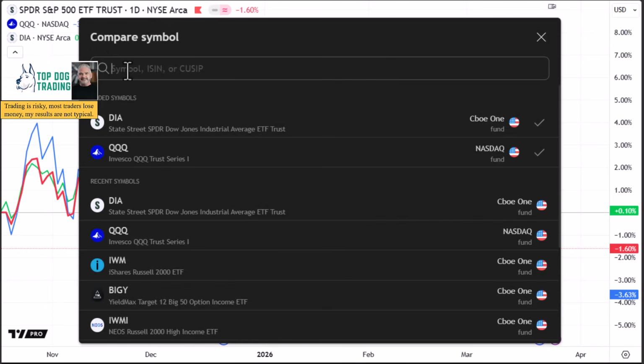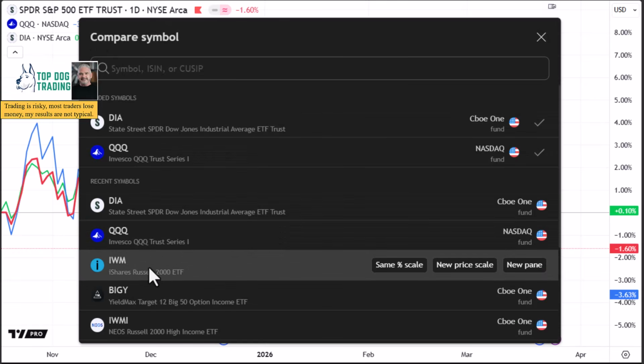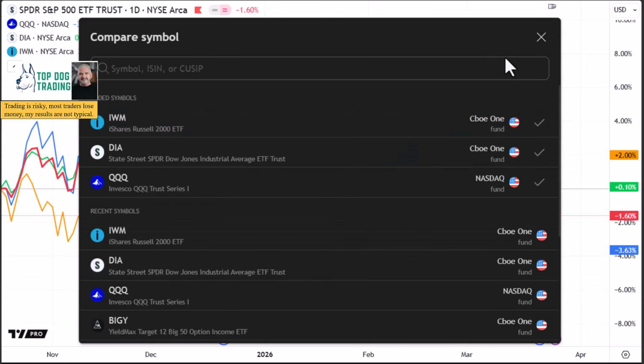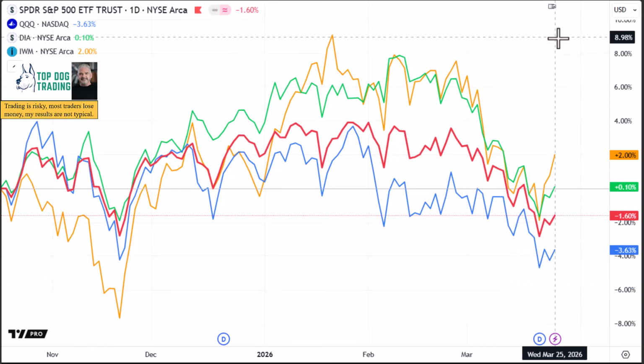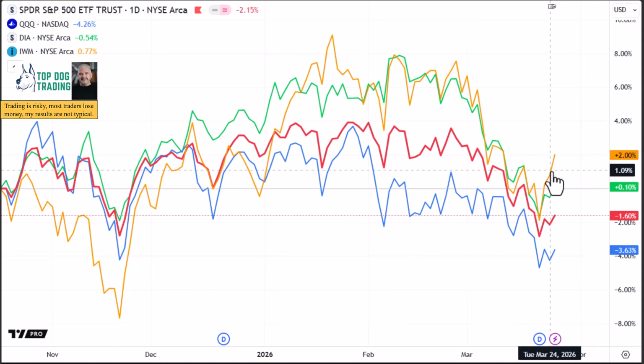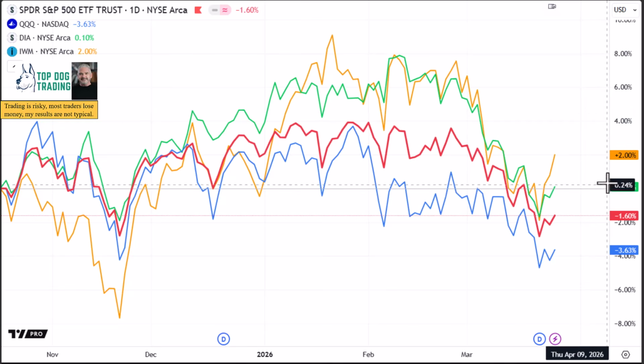And the fourth index that we'll look at is the IWM. That's the Russell 2000. And when we click on that, there you go. That is this orange one. And now you see that's actually positive. It's up 2%. So of all these four indexes, the best one that's performing right now is the IWM, the Russell 2000 small caps.